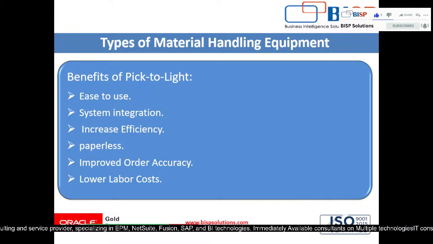Your pick to light system follows this order and helps reduce idle time. And pick to light is a totally paperless system that improves order fulfillment performance, and it reduces labor, which leads to one major benefit to your warehouse. So this is all about pick to light.